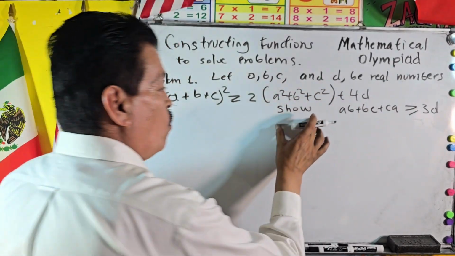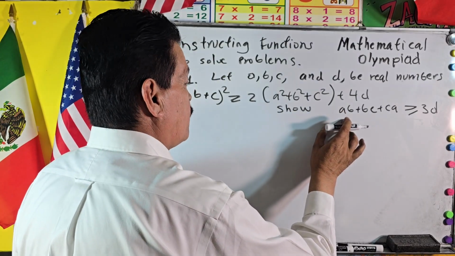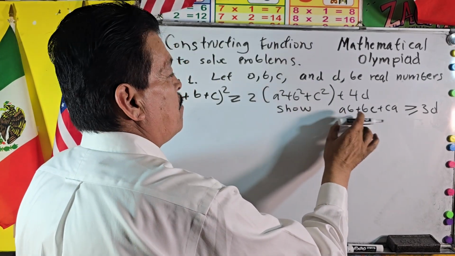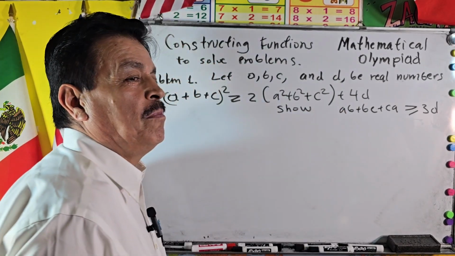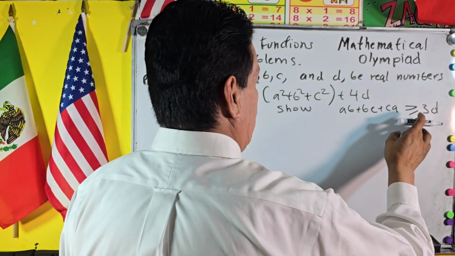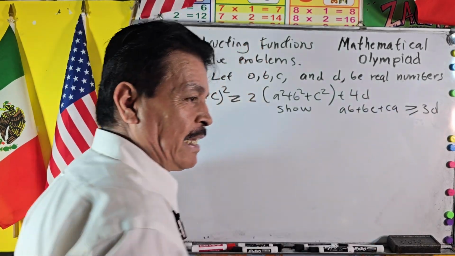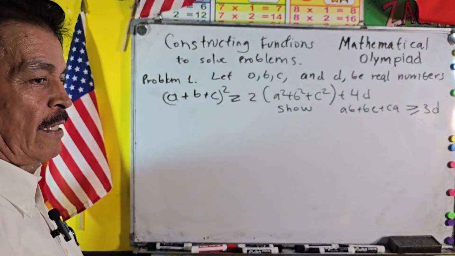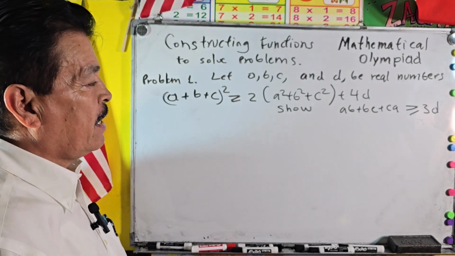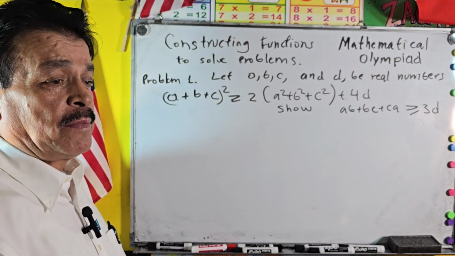We have to show that ab plus bc plus ca is greater or equal than 3d. All right, so how do we start to solve our problem?